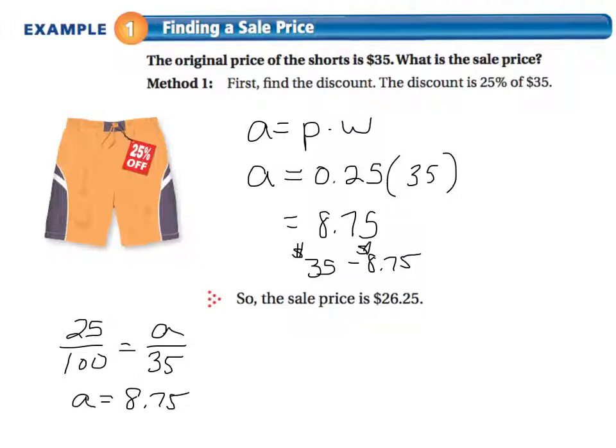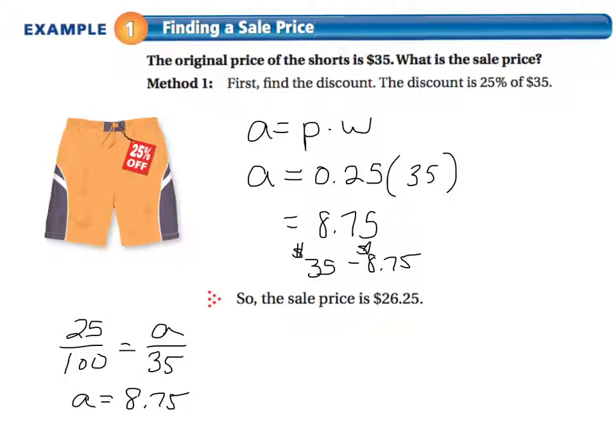However, I think all of this stuff is too much work. I personally would just do one thing. If you're saving 25%, what percent of the whole are you buying? Or what percent are you paying? The original price would be like 100%.